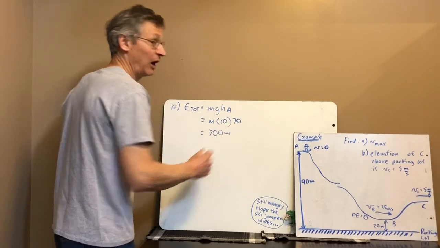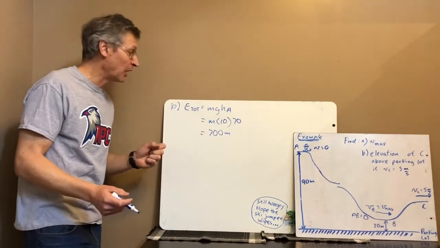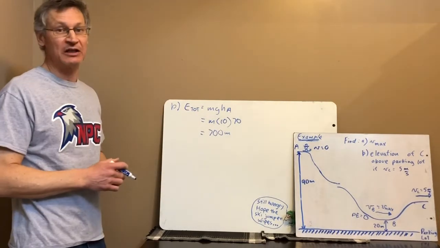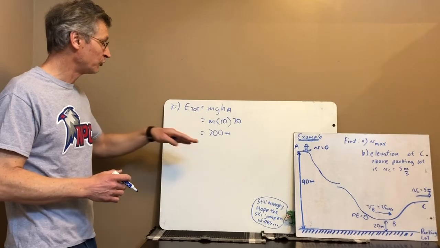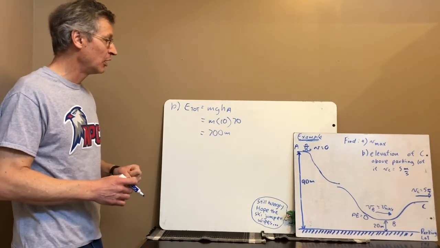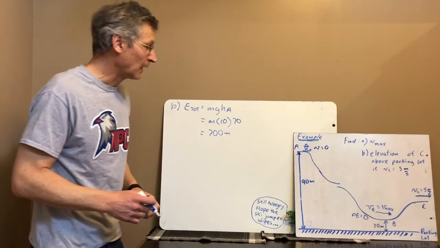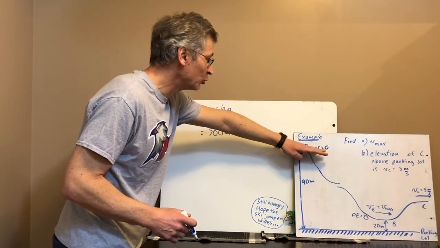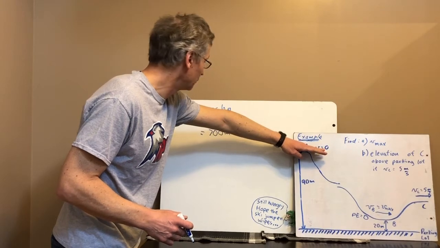And again, I have no idea what the mass is, but that's okay. It'll probably cancel out just like it did the last time. So there's their total energy, 700 times whatever their mass is. Now, up here, their energy was just potential energy.